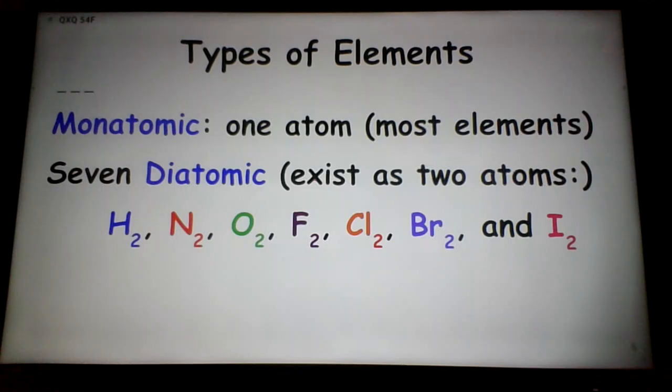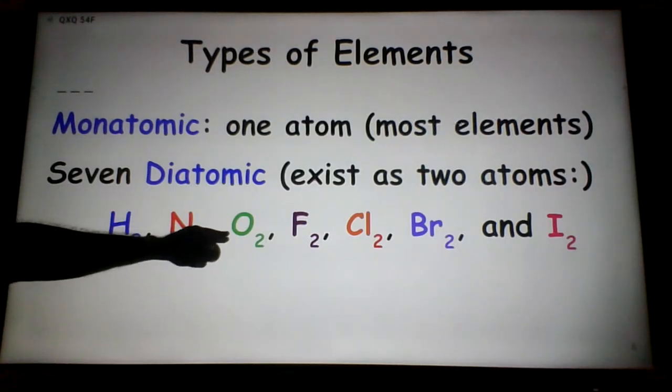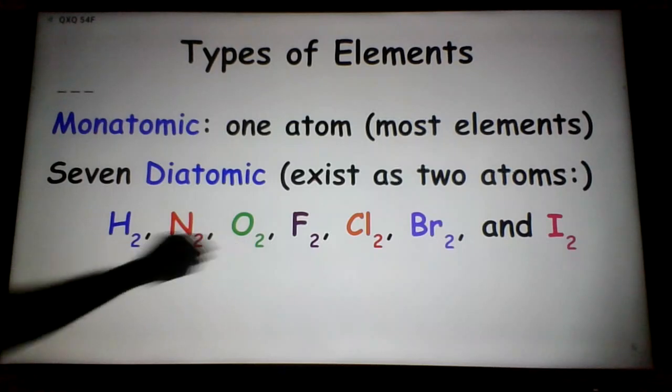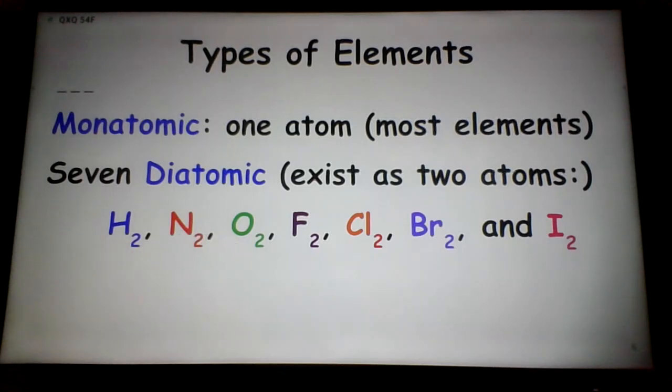They're going to find someone else to hook up with. There's no what if they don't. If they can't find someone else to hook up with, they'll find another one of their own. That's why you're going to have 2 hydrogens together, or you'll have 2 nitrogens together. Maybe on someone's oxygen tank, you see the symbol O2 because oxygen is one of these diatomics.